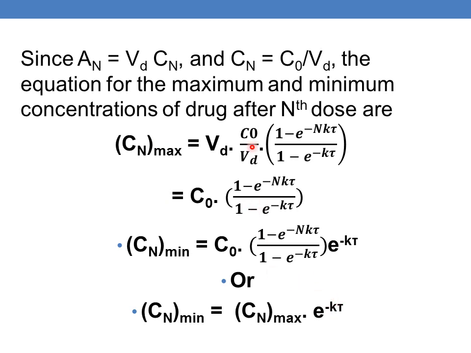These are the two important equations used to determine the maximum and minimum concentrations of the drug after the nth dose, Cn max and Cn minimum. These are very important in calculations.